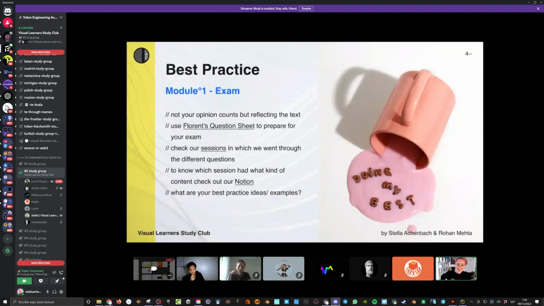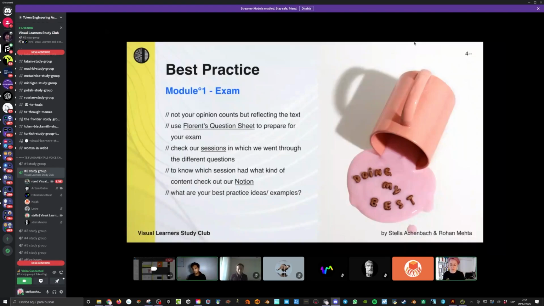Okay, so anyhow, I just wanted to share some best practice and I was hoping that you guys also have some best practice for taking on the exam, specifically Module 1, because it actually has a very specific approach to the exam questions. One thing we found out when Rohan and I were going through the first module is it's not really about our opinion, is it?